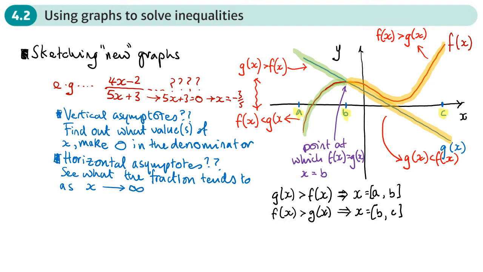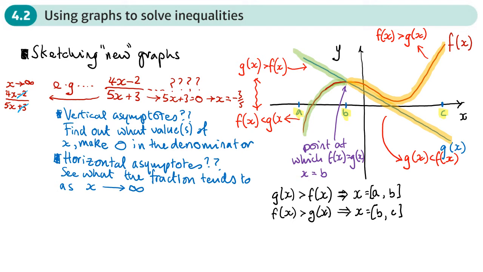So if I go back to my example up here, as x tends to infinity, 4 times a very big number is going to get very big. 5 times a very big number, the bottom is going to be very big. It comes to a point where I ignore these constants, they're not going to make any difference.